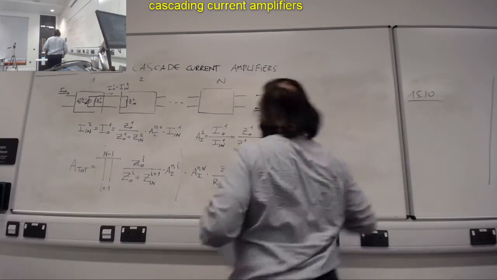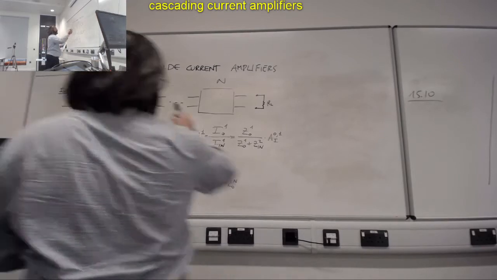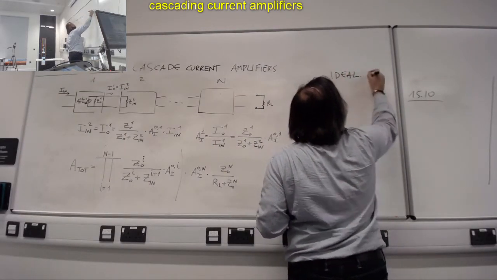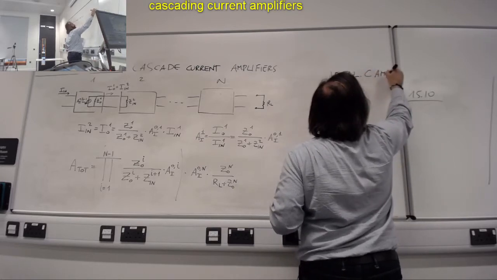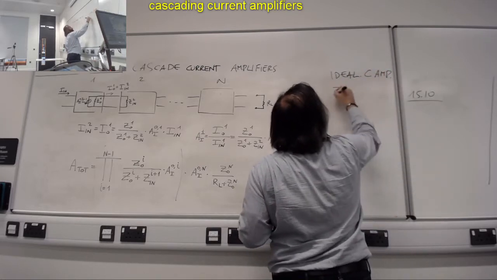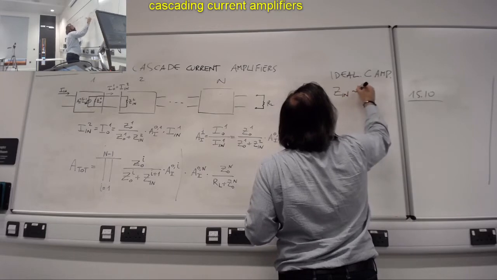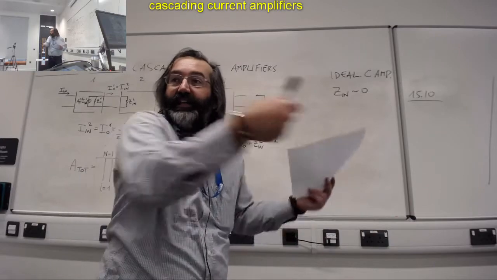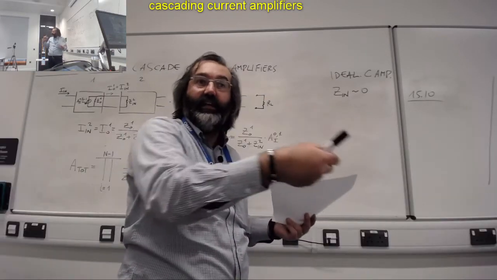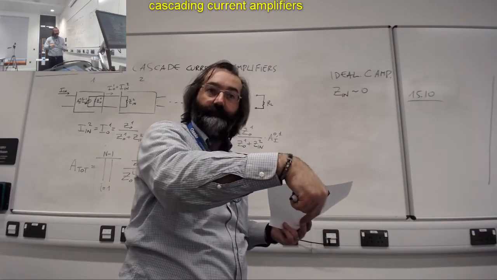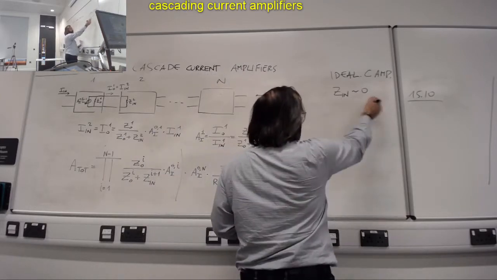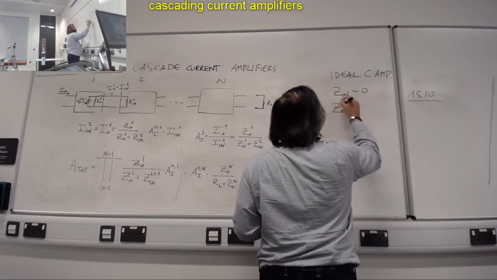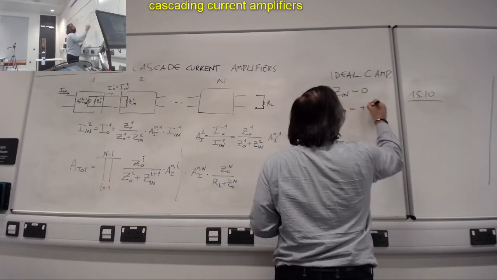So if we are talking now of current amplifiers, the ideal current amplifier should have input impedance 0, because you don't want to oppose any resistance to the current flowing into the circuit. That's why in input the impedance has to be 0. In output, though, this should be infinite.